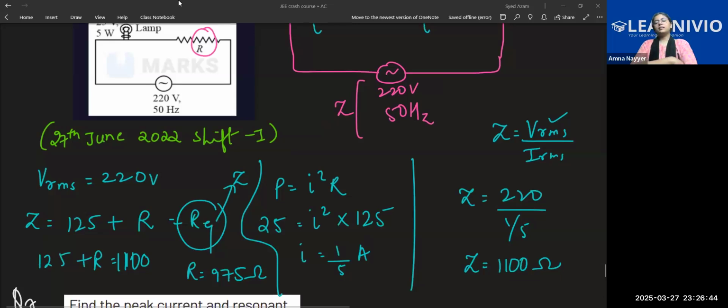One question is left. That's a very short question on resonant frequency.